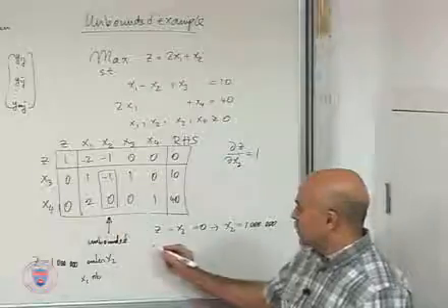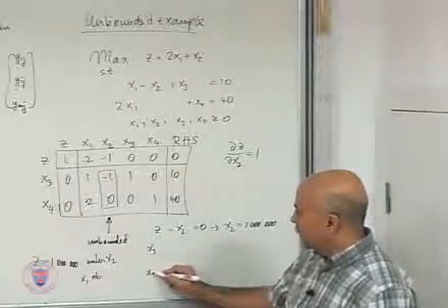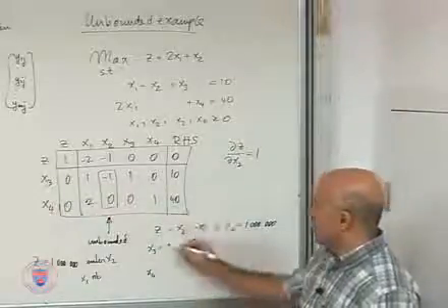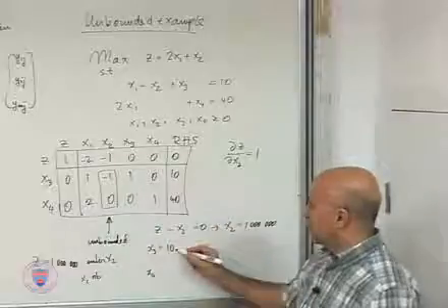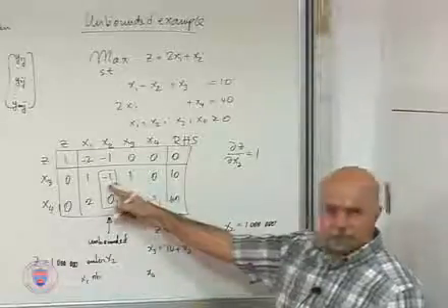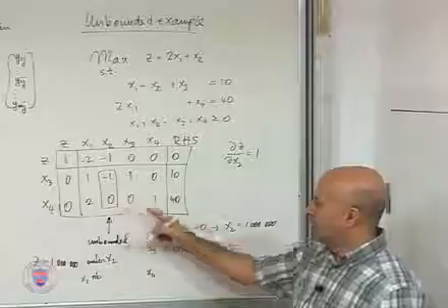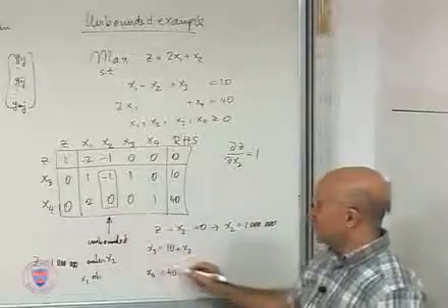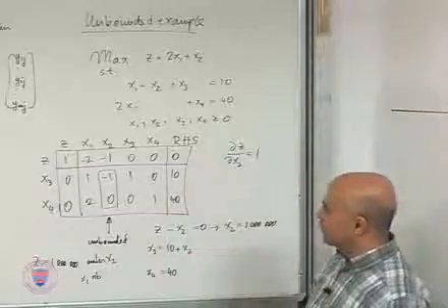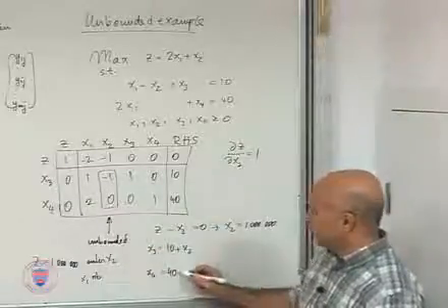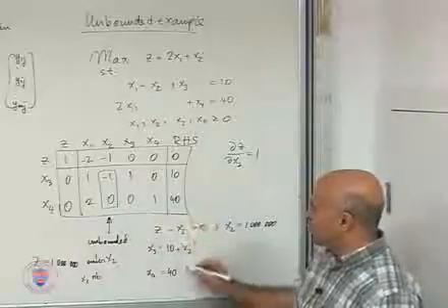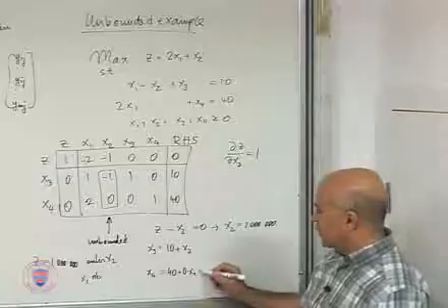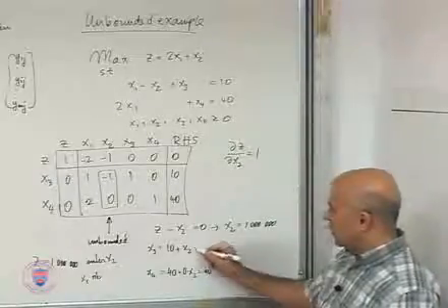And then x3 and x4 are dependent on x2. x3 is equal to 10 plus x2 from here. And the other one is equal to 40 plus 0 times x2, so it won't change. But this one changes, of course.